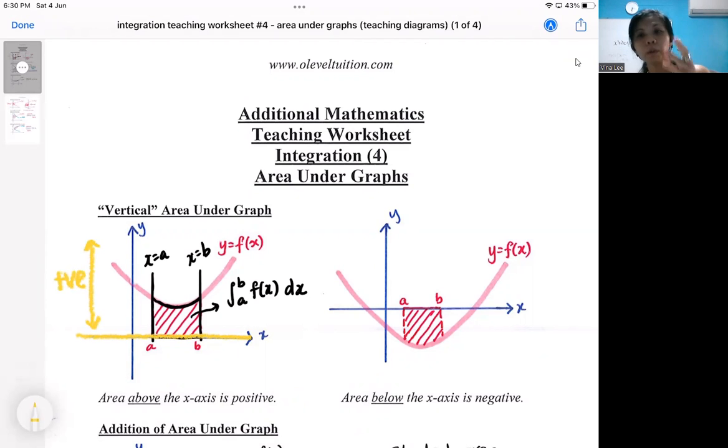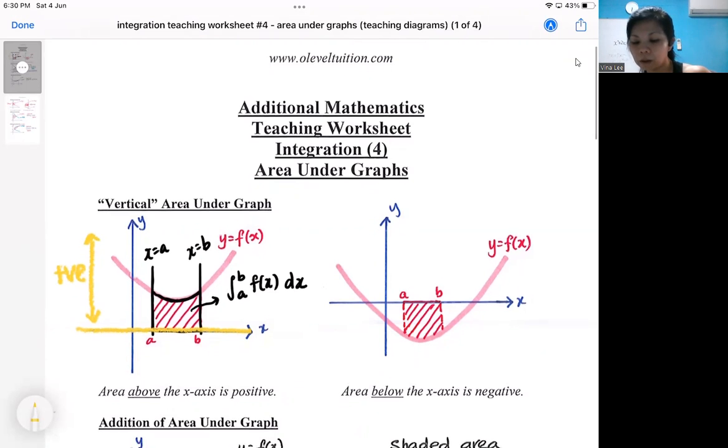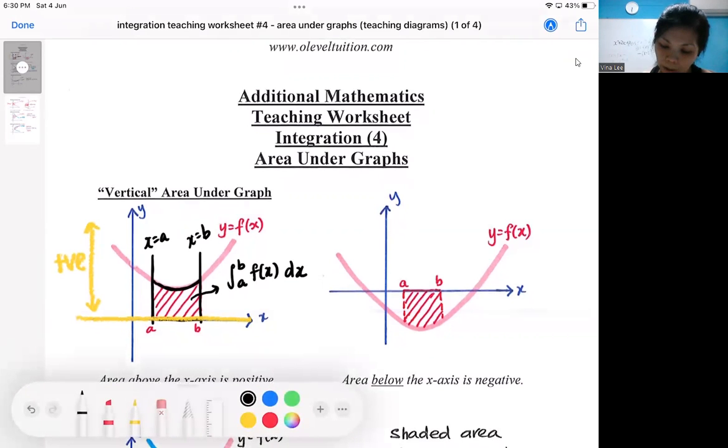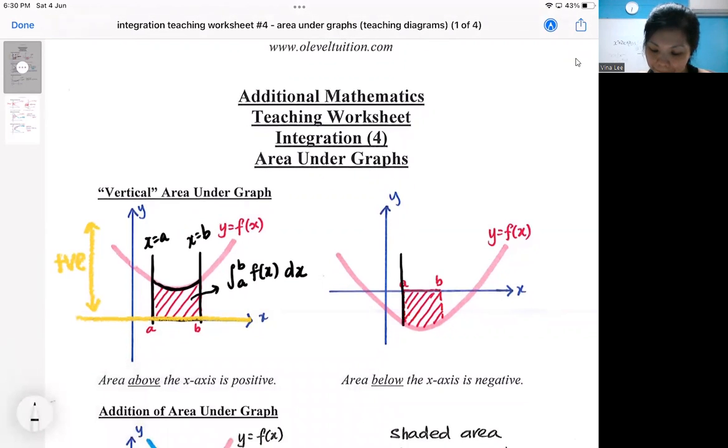So you need to know when area will be positive and when area is negative. Another situation is this kind of area. If you look at the second situation, I also have vertical walls. This is not what you imagine to be area under a graph.